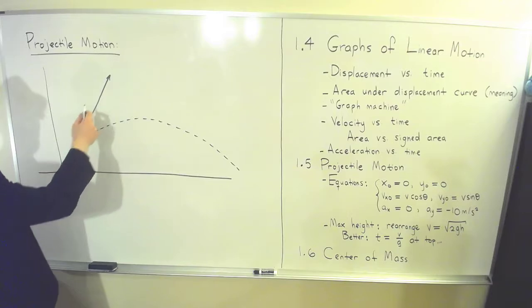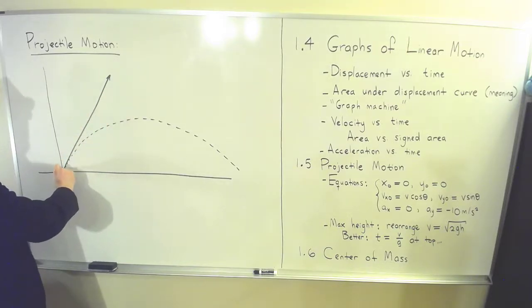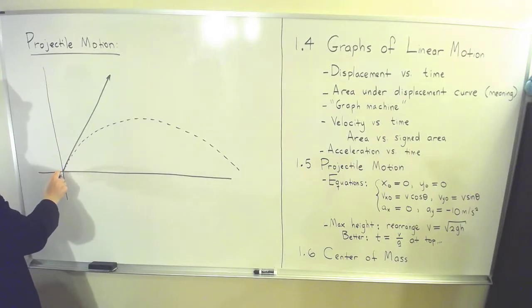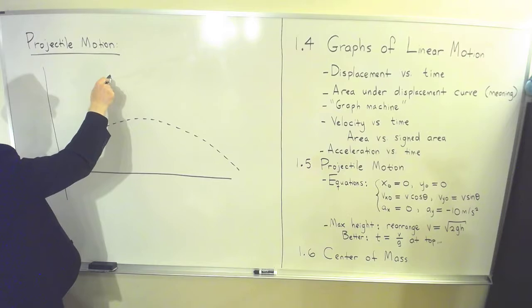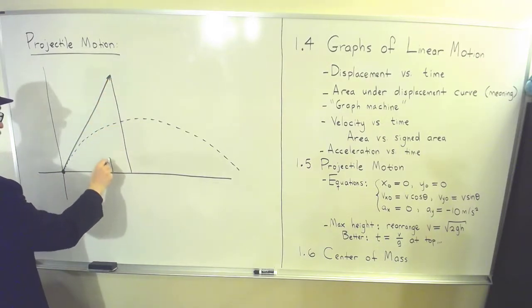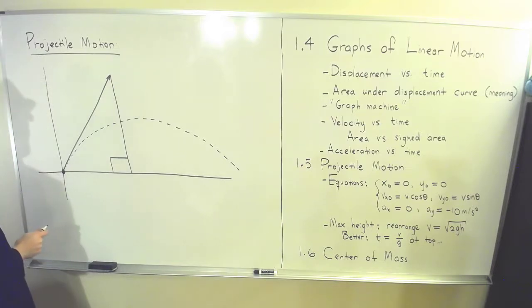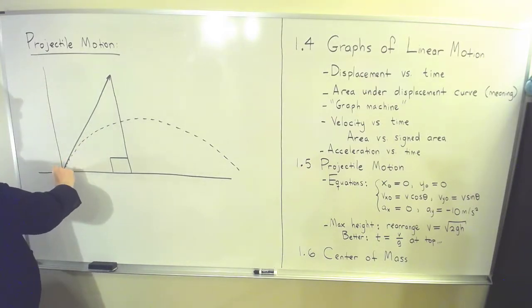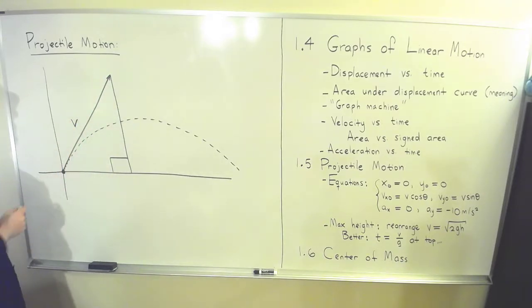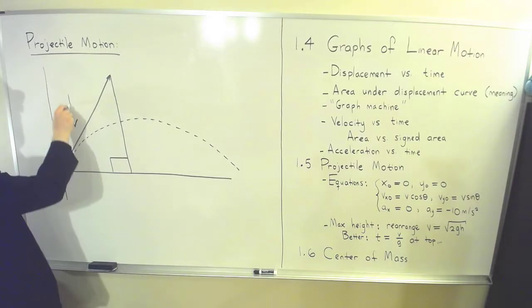So what I can do is take this arrow which points in the direction of the launch. So this is the launch direction. And I can turn this into a right triangle by dropping a vertical line down here. So this is a right angle here. If the length of this arrow here is v, why am I calling that v?